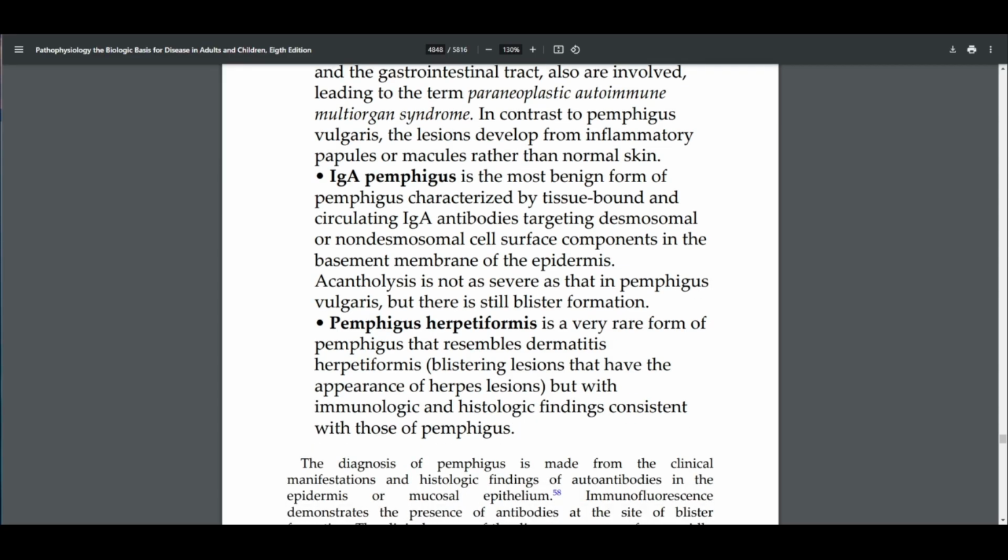IgA pemphigus is the most benign form of pemphigus, characterized by tissue-bound and circulating IgA antibodies targeting desmosomal or non-desmosomal cell surface components in the epidermis. Acantholysis is not as severe as that in pemphigus vulgaris, but there is still blister formation.